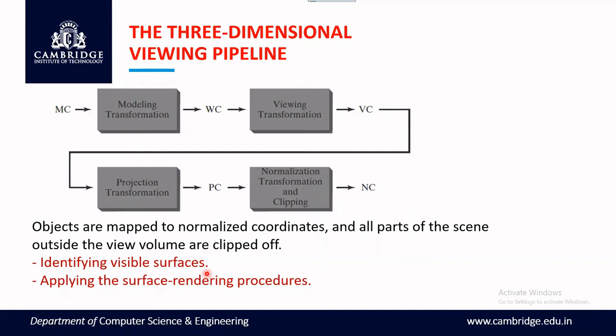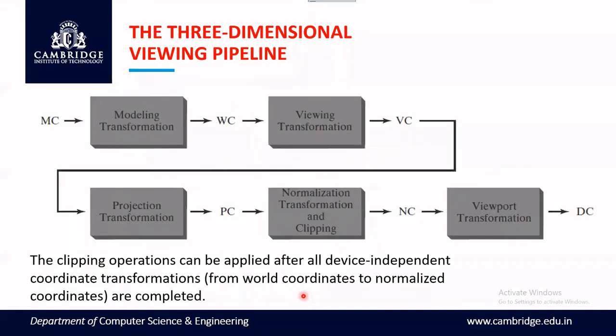We also apply the surface rendering procedures, that is, the lighting characteristics, the surface characteristics, etc. After all this, we get the object in the normalized coordinates. Now this can be shown on any device. So till here, it is all device independent.